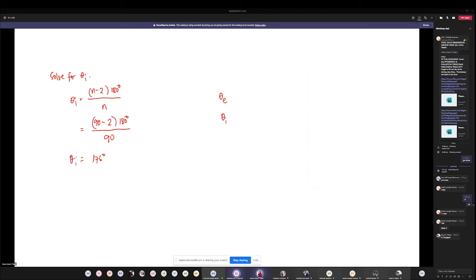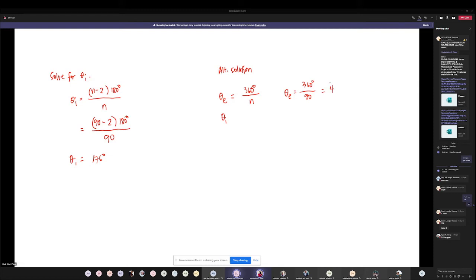So another solution, an alternate solution: you can solve for the exterior angle first. It's 360 degrees divided by n, right? So we know what n is. It's 90, so 360 divided by 90 is equal to 4.